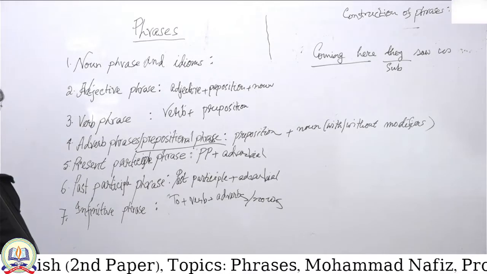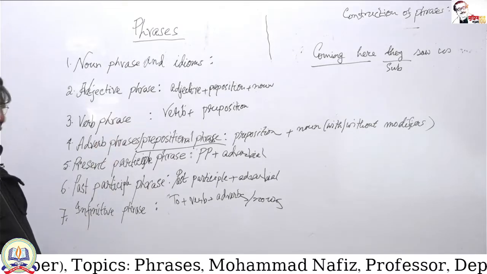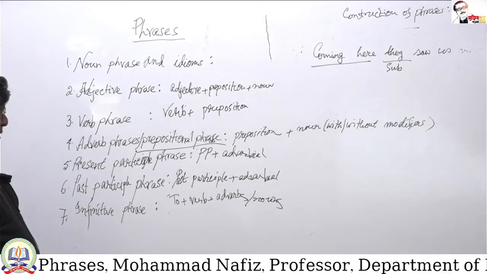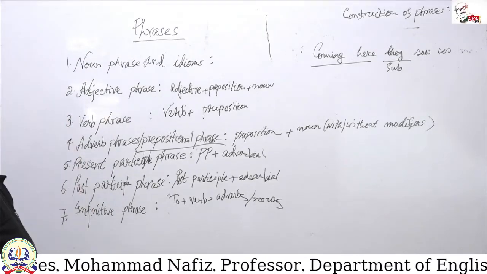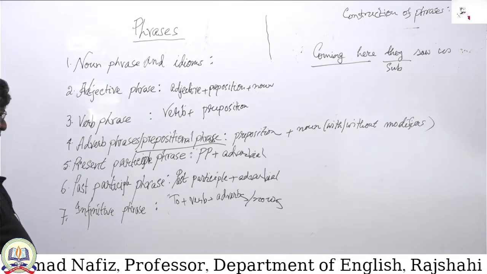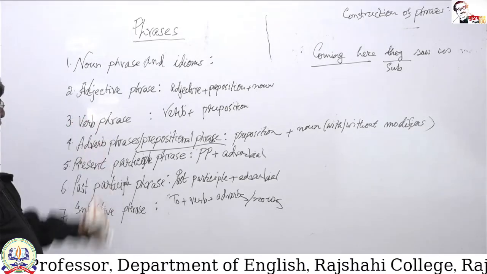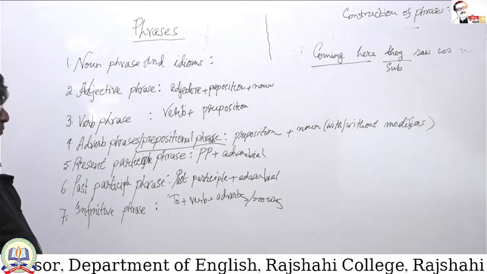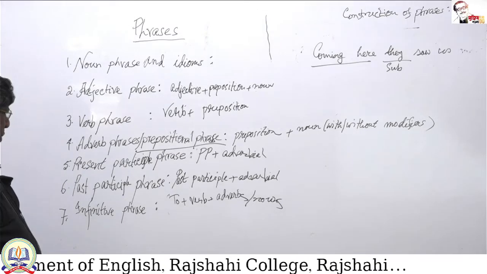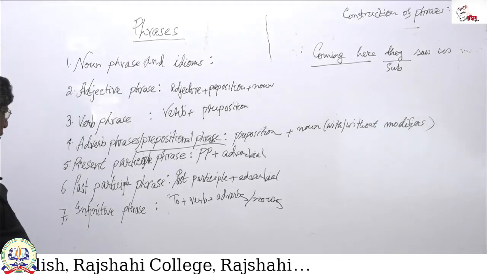I have left undiscussed two phrases. One is prepositional phrase and the other one is noun phrases. I have left this because all these phrases such as adjective phrase, verb phrase, adverb phrase, present participle, past participle or infinitive phrases have an identical structure. In an adjective phrase, we have an adjective followed by preposition and noun. In a verb phrase, we have a verb followed by a preposition. In an adverbial phrase, we have a preposition plus noun with or without modifiers.